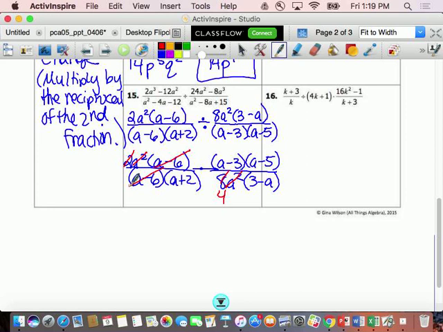Well, we have a 3 minus a, so what must we do? We need to put a negative there. Then we can cancel them out. What about a minus 5? No. So we keep the negative, which I like to put out front, a minus 5 over 4 times a plus 2. Some will go ahead and distribute that negative in the numerator.